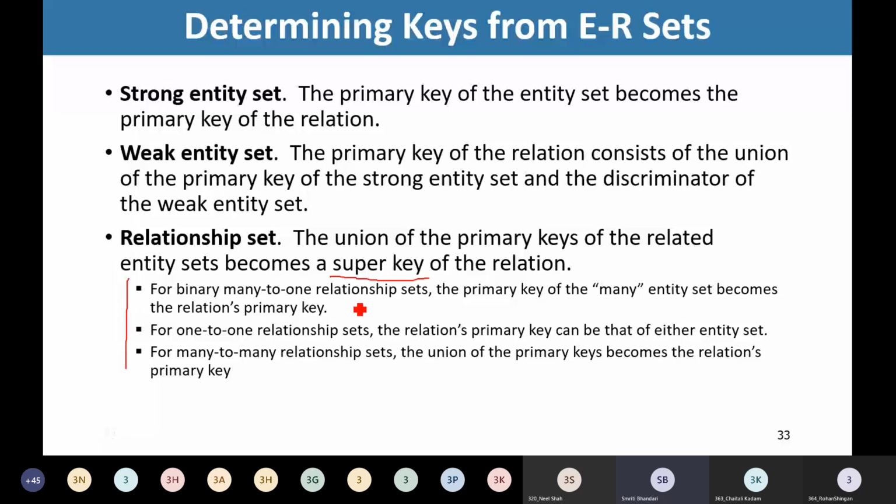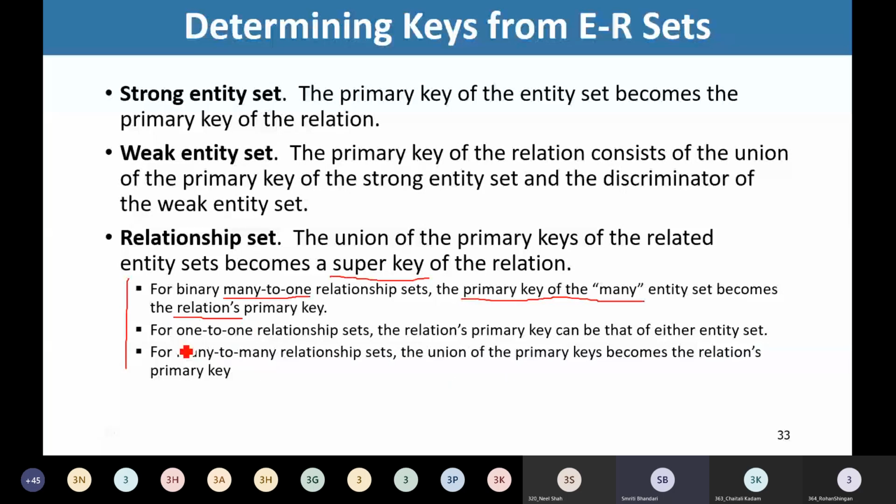So, for binary many-to-one relationship sets, the primary key of the many entity set becomes the relation's primary key. If my relationship set is many-to-one, then the primary key of the many side will be the primary key of the relation.